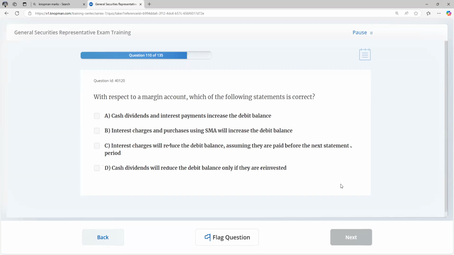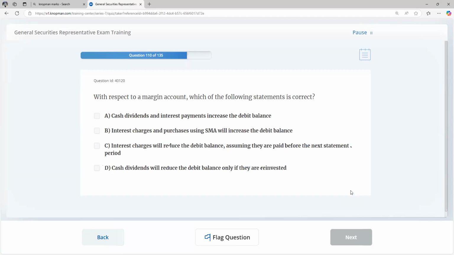I'm between a couple of them. I don't think it could be D, but then again, it could be. They're reinvested. Cash dividends and interest payments increase the debit.